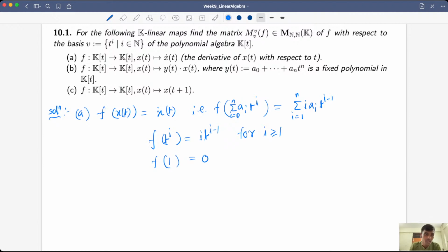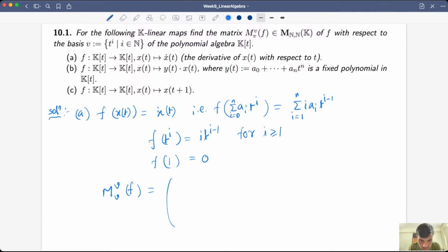So the matrix, if I write it, it will be of the form, the matrix of f. The first column will be f of 1. f of 1 is 0, that means I can write that as 0 times t power i, for i belongs to n.